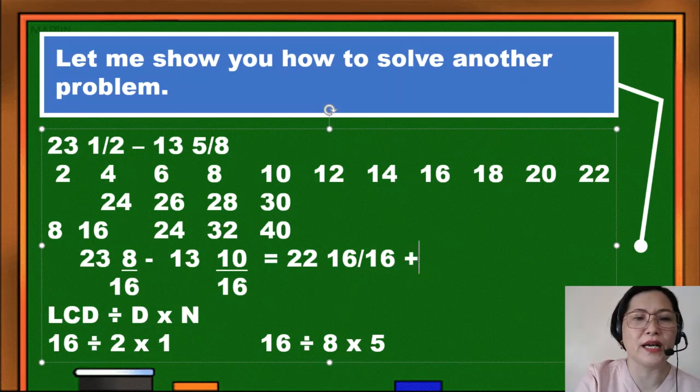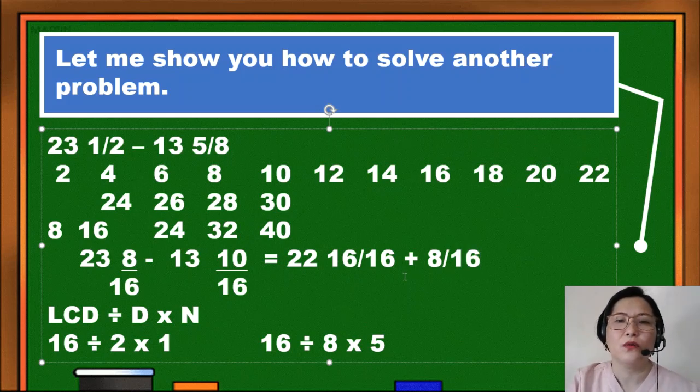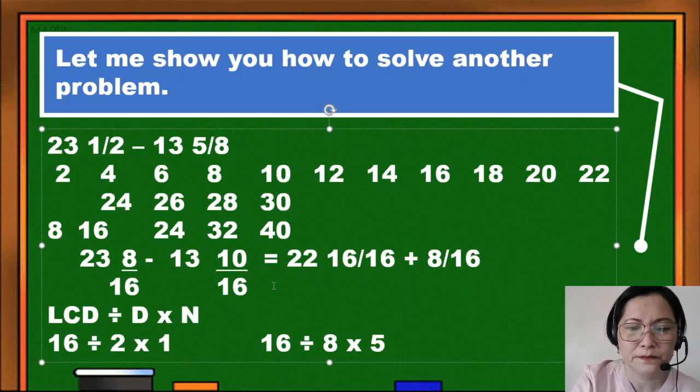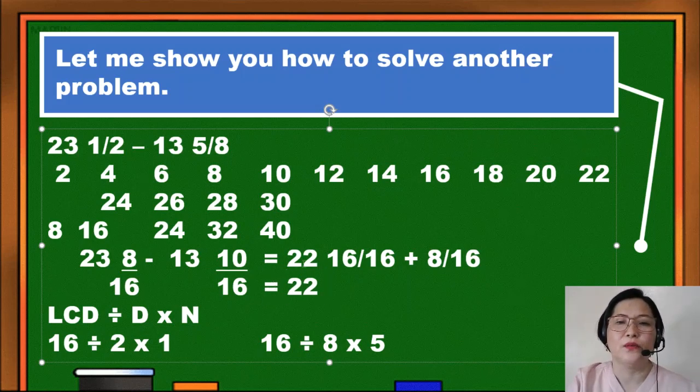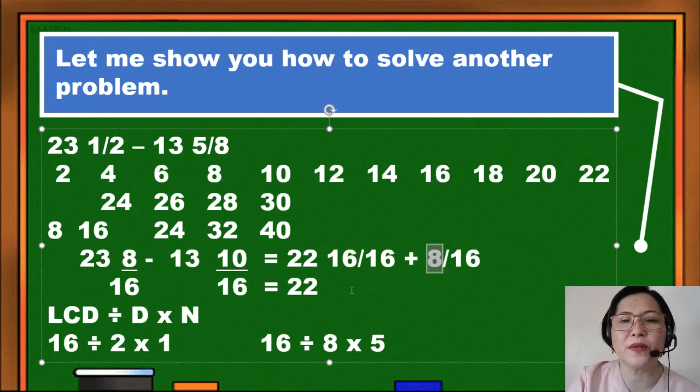Then you will add 8/16. So what will that be? That will become 22, and what is 16 plus 8? Okay, 16 plus 8 equals 24.